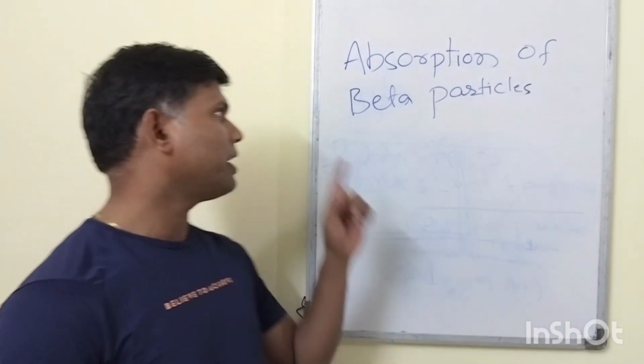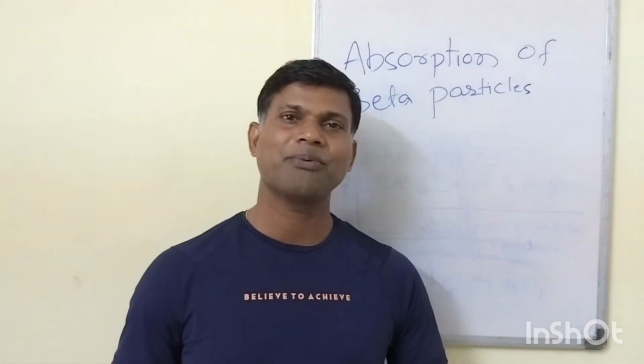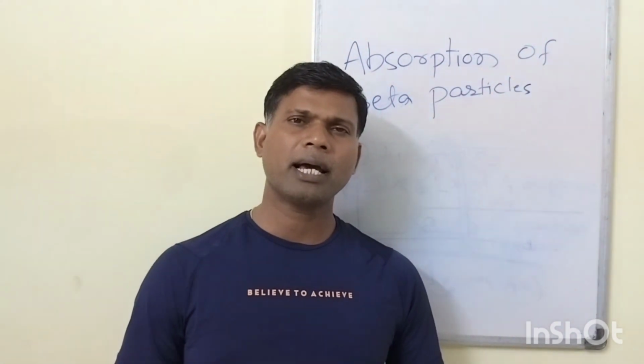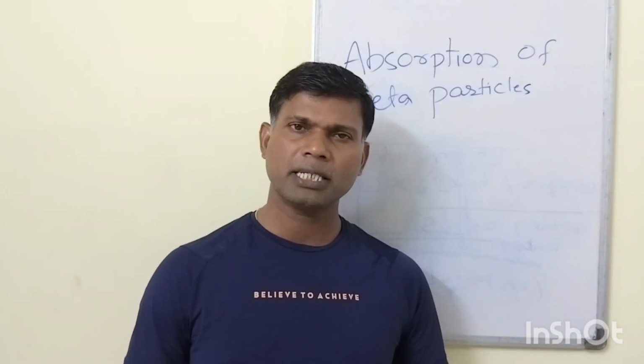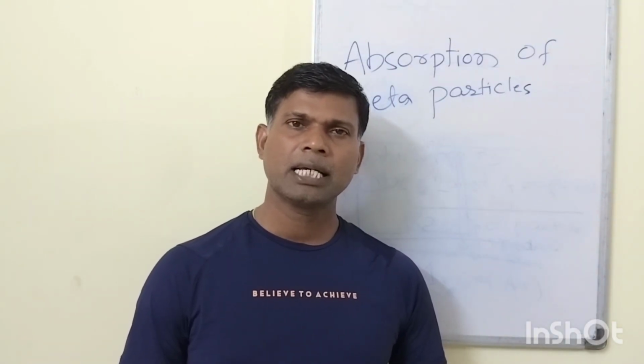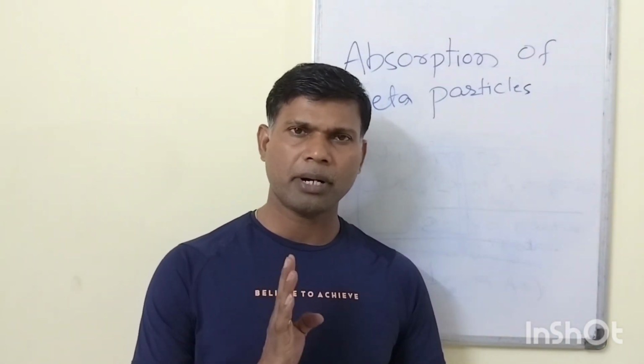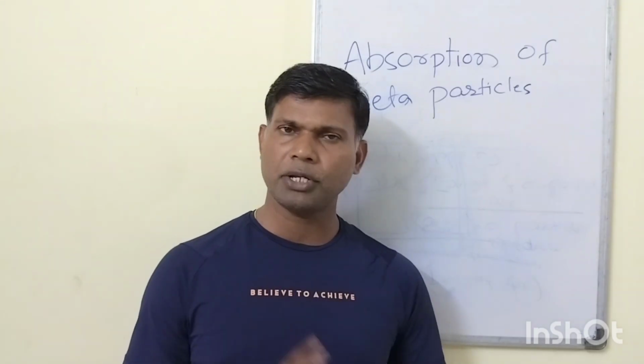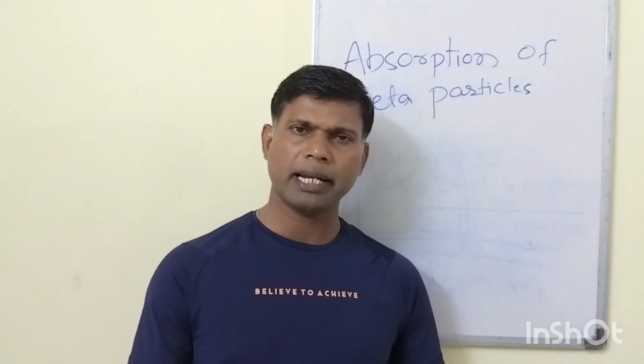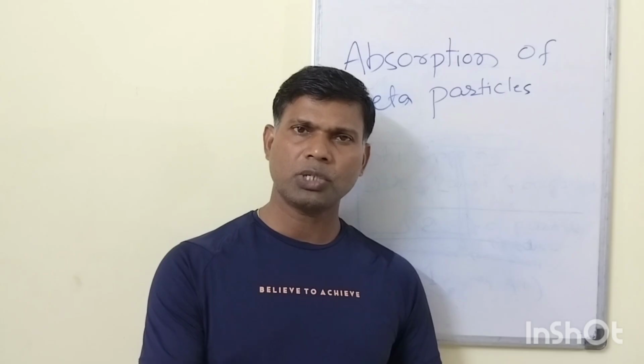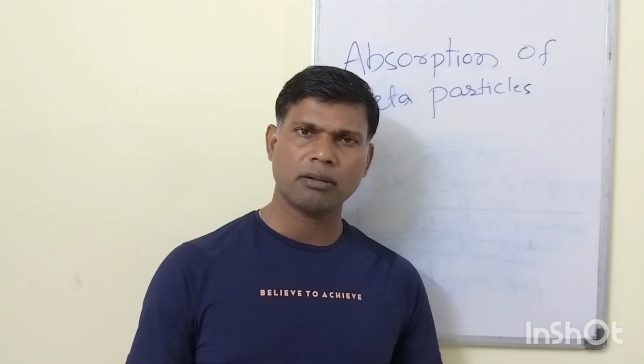Absorption of beta particles we will discuss now. Between beta particle and alpha particle, the major difference is that the mass of a beta particle is very low compared to alpha, that you know. The charge of a beta particle is negative, and alpha particle is positive, 2 times the electron magnitude.